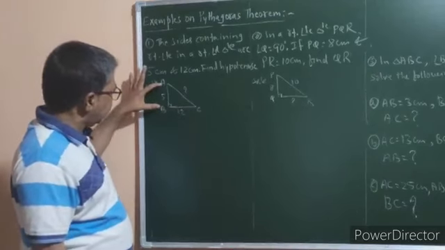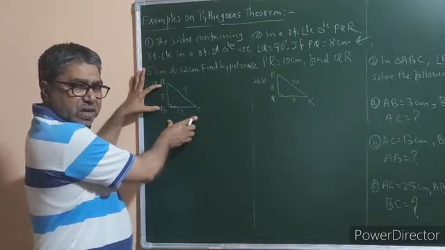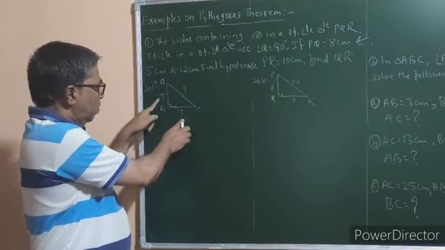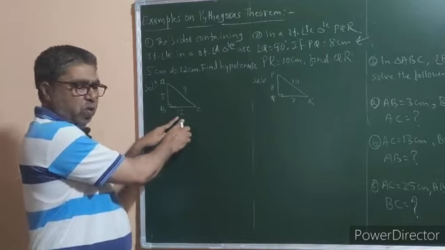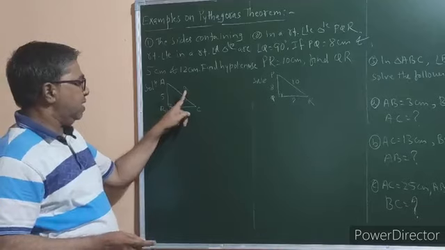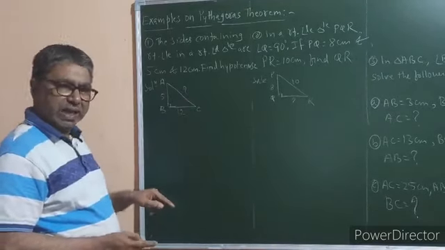Now the sides containing the right angle are AB and BC in this particular triangle. Now write 5 and 12, or you can write 12 here and 5 here, no problem. Question mark will be for the hypotenuse, that is AC, because AC is the hypotenuse in this particular triangle.